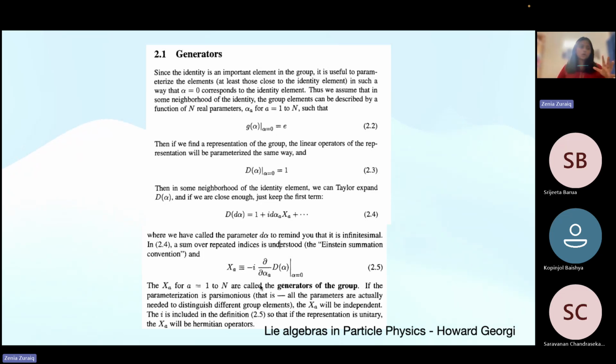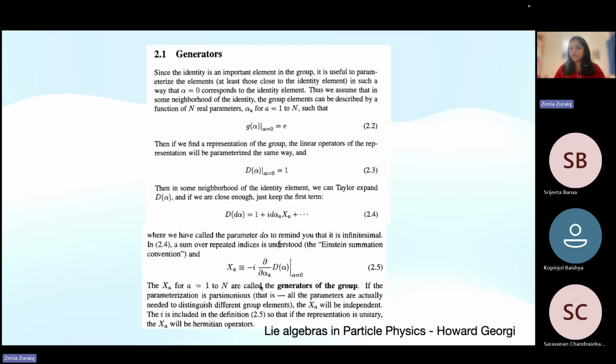The main point is that instead of denoting groups by their elements, which can be different depending on the representation, we can now denote the group by their generators. Again, the generators will also change based on what representation you're working in. Generators in a particular representation do not have to be the generators in another representation. That's an important note to make.